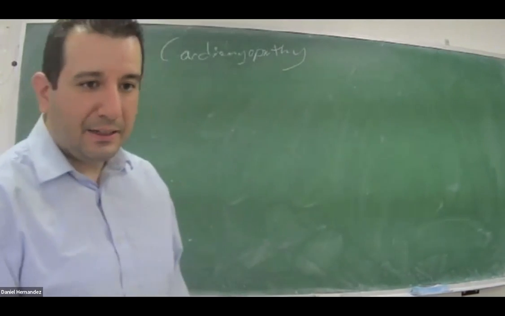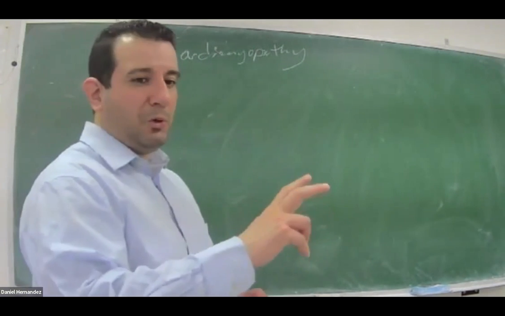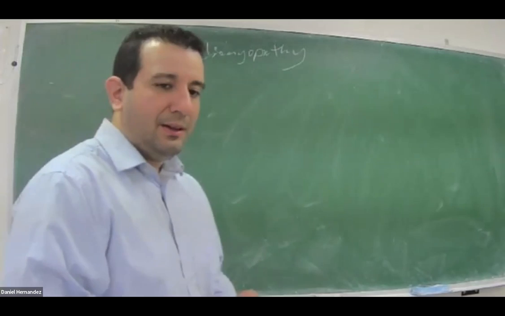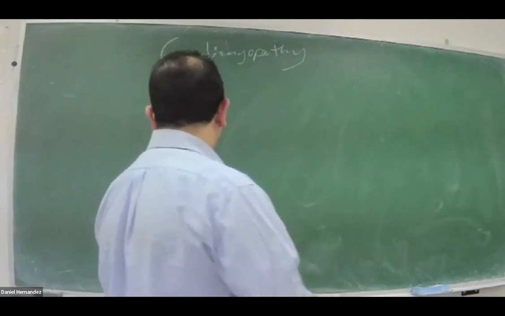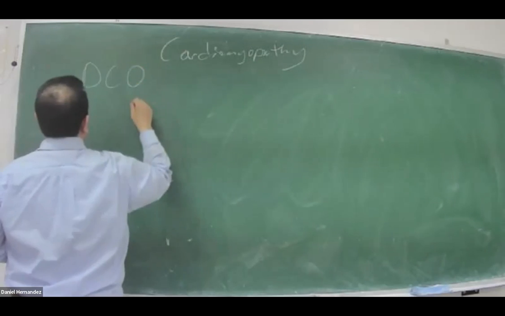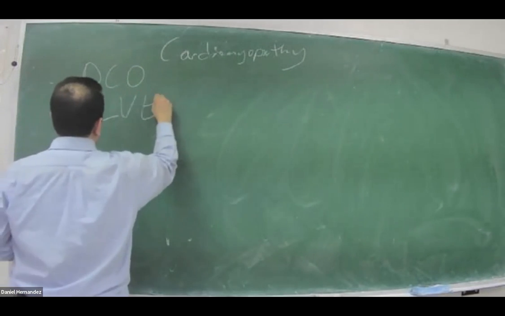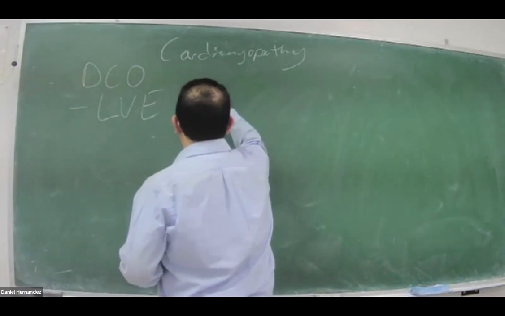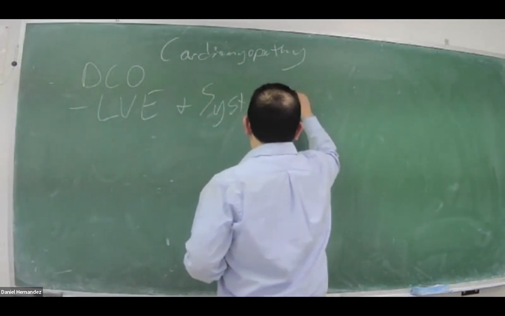And what's that second component, that second criteria? So we need two things to really say that, yes, this person has dilated cardiomyopathy. There are two primary characteristics that have to be satisfied. Systolic dysfunction, good. So for dilated cardiomyopathy, we need left ventricular enlargement and systolic dysfunction.